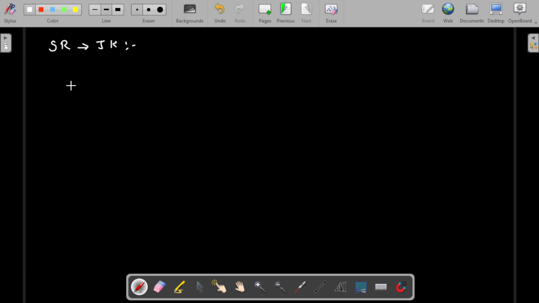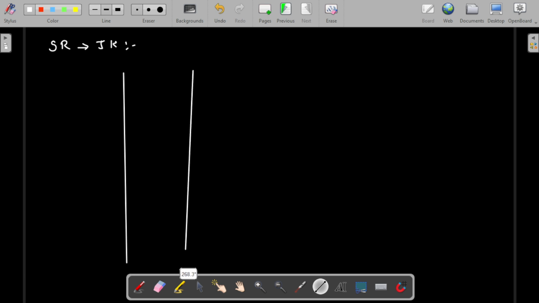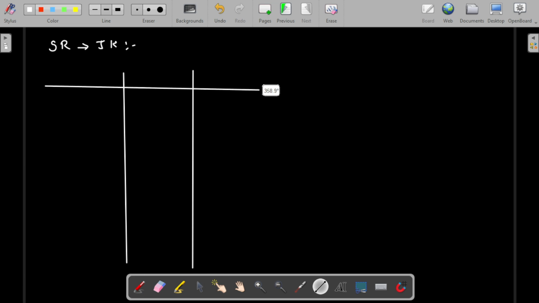First, we have to write the characteristic table for the JK flip-flop, and then the excitation table of the SR flip-flop. Let me write the headers.